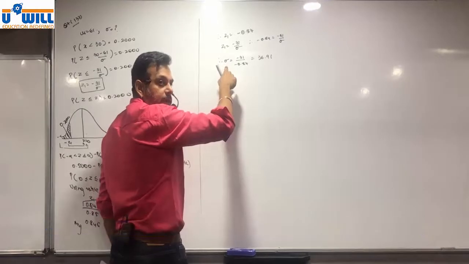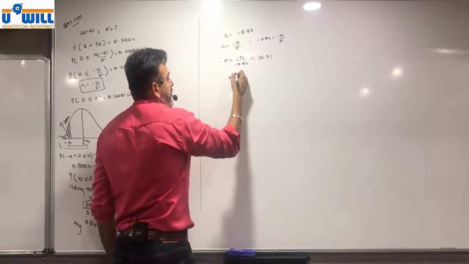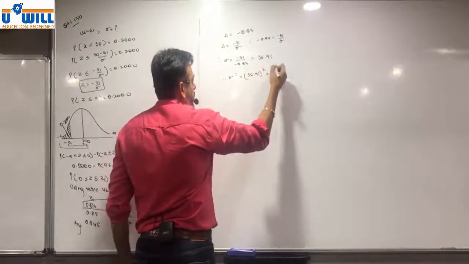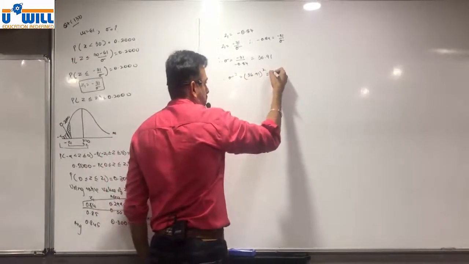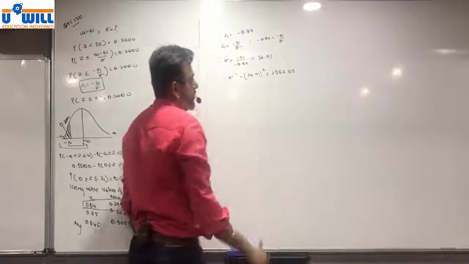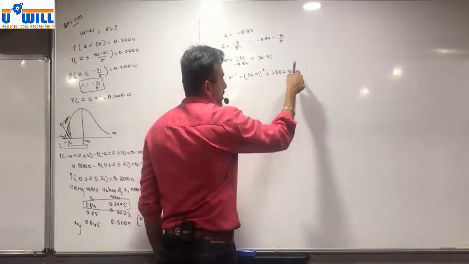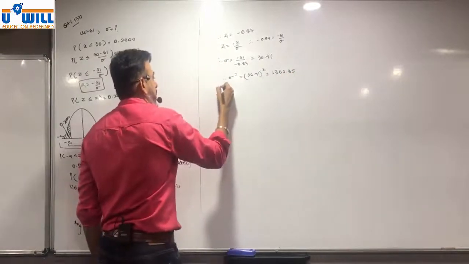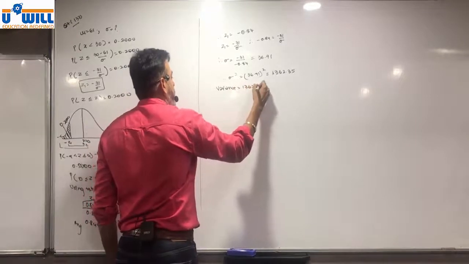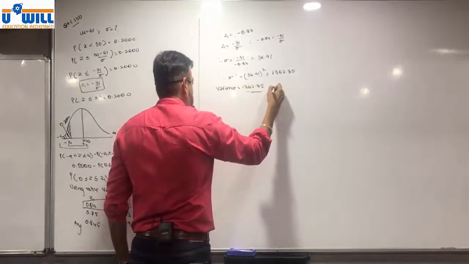Sigma is equal to 36.91. You'll need this later on. Therefore, sigma square is equal to 36.91 whole square, which is equal to 1362.35. Variance is equal to 1362.35. First answer.